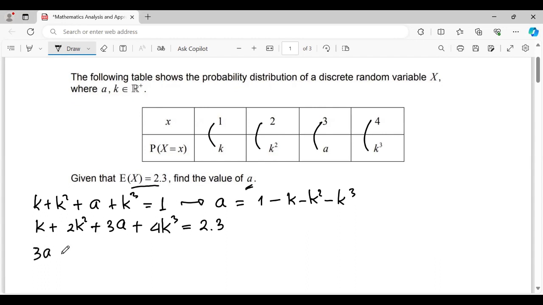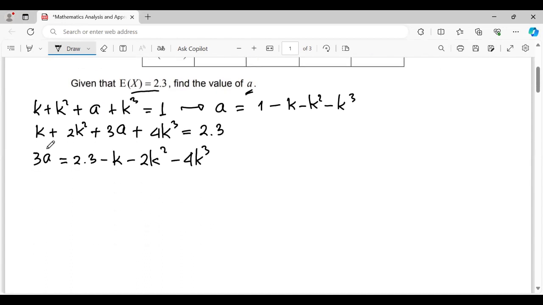The equation becomes, if a is the subject, 3a equals 2.3 minus k minus 2k squared minus 4k cubed, or a equals 1/3 of 2.3 minus k minus 2k squared minus 4k cubed.